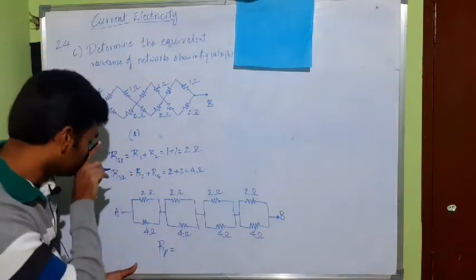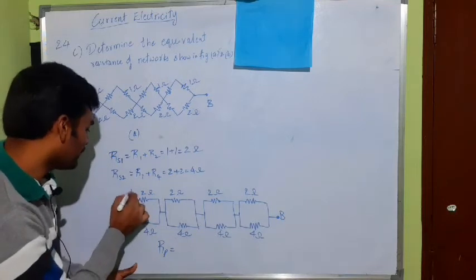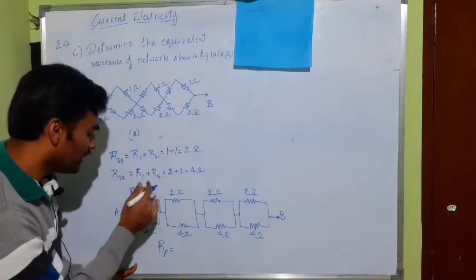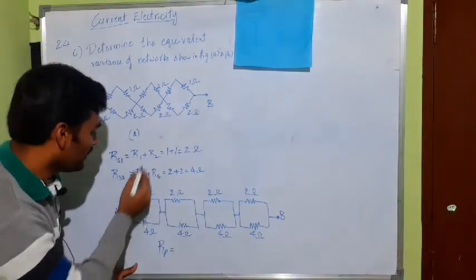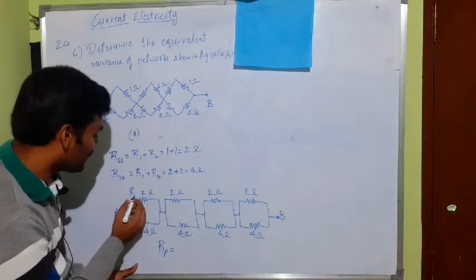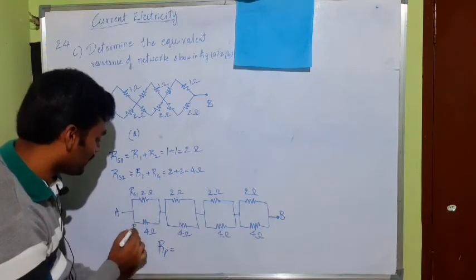I have named this as RS1 and RS2, but I can also name these temporarily. Any name is fine, but don't repeat them, since I have already named them as R1, R2 and so on. Let me keep this as RS1 and this as RS2.